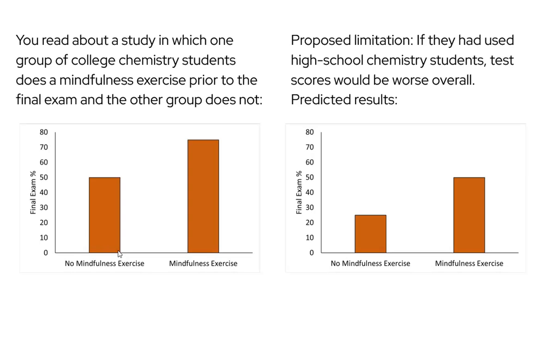This is not a particularly good answer because it doesn't impact the pattern of the results. Yes, we would expect high school students to generally get lower scores on the exam, but we're still predicting that students who did the mindfulness exercise will get higher scores than those who don't.